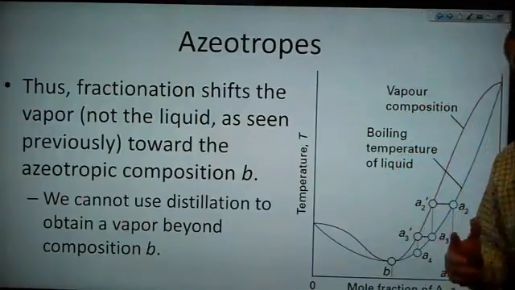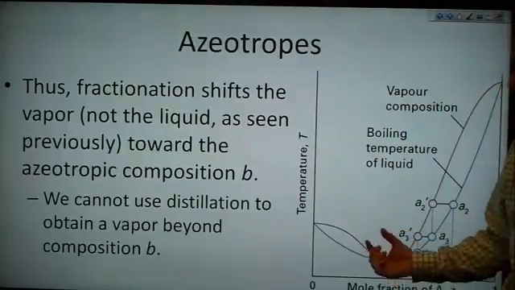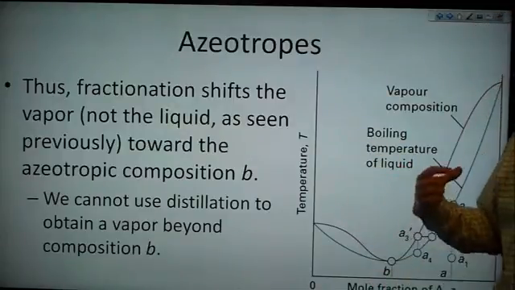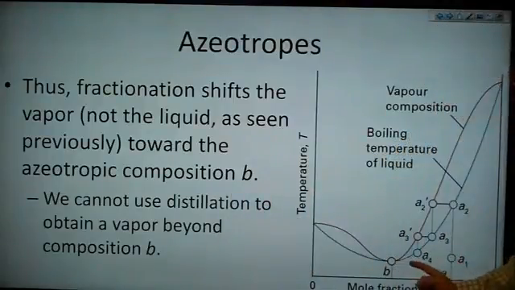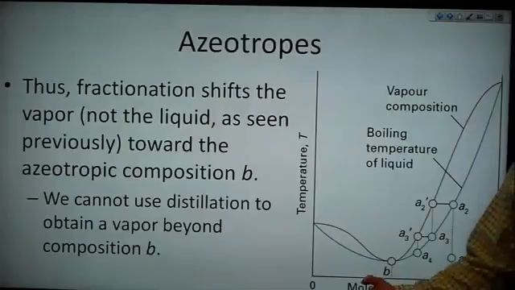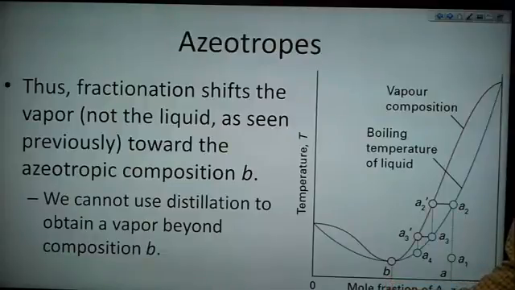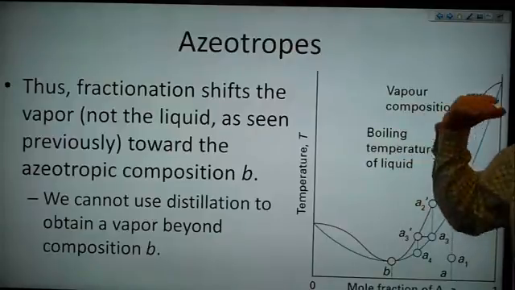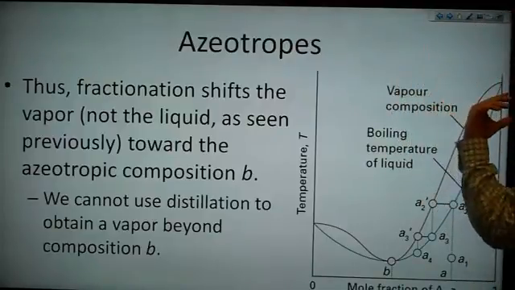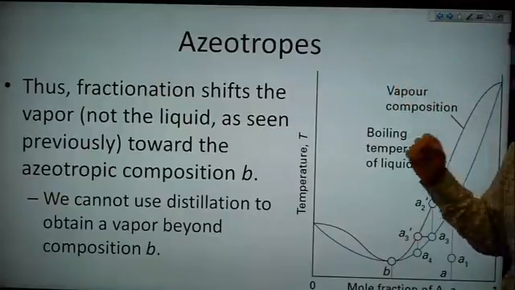Before, we were throwing away the vapor phase, condensing it elsewhere. But now, with a minimum, we are moving the mole fraction of the vapor towards that minimum point, that minimum composition, whereas with the maximum, we were moving the composition of the liquid towards our maximum point.